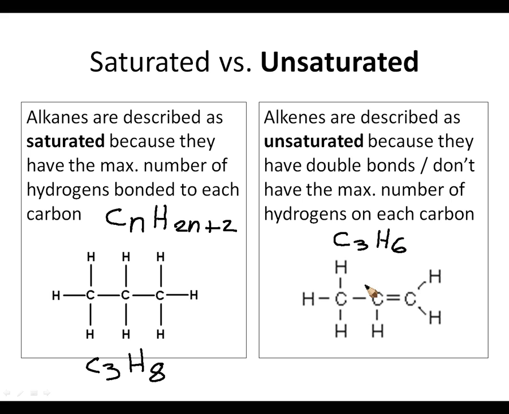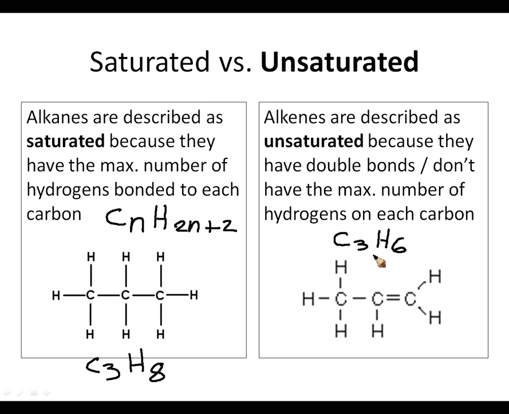So we've got 2 fewer hydrogens, and that makes sense because in an alkane we would have had a hydrogen coming off each one of those. That double bond would open up, and we'd have a hydrogen just above each of those carbons. So this has slightly fewer hydrogens. So we say it's unsaturated. It doesn't have as many hydrogens as possible.